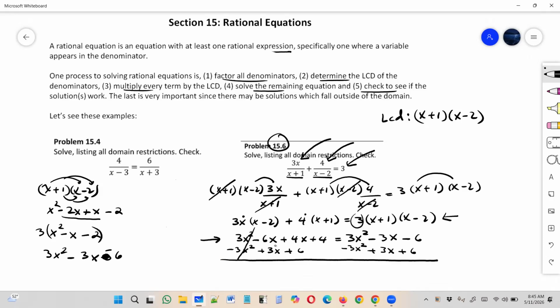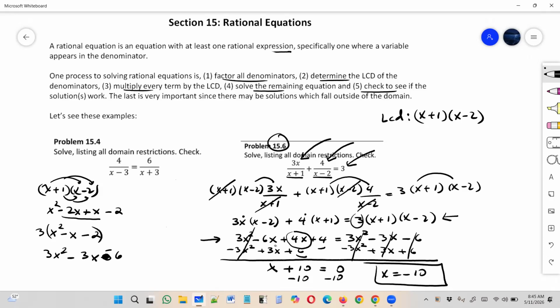These two cancel. I have negative 6x plus 3x is negative 3x, plus 4x is x. And 6 plus 4 is 10. And this cancels, that cancels, that cancels. So I have x plus 10 equals 0. Then obviously subtract 10 from both sides, and I get x equals negative 10.